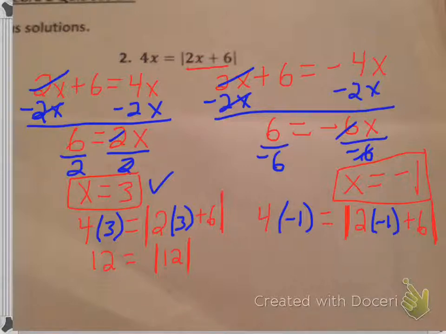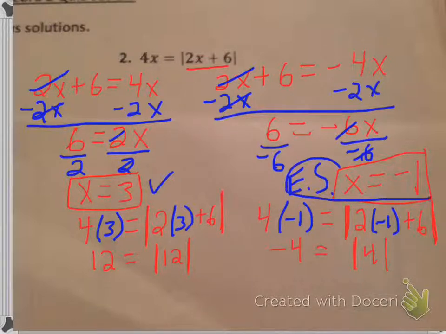Work it out. 4 times negative 1 is negative 4. 2 times negative 1 is negative 2. Negative 2 plus 6 is 4. So we have the absolute value of 4, and the absolute value of 4 is 4. So since 4 does not equal negative 4, this is an extraneous solution. So x equals negative 1 is an extraneous solution. That is your answer for number 2.